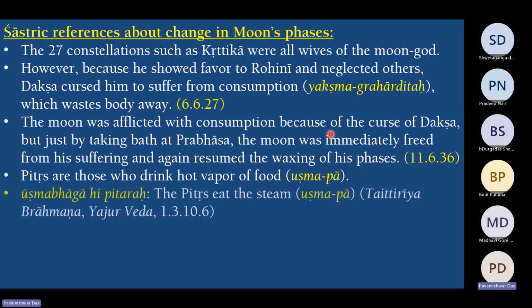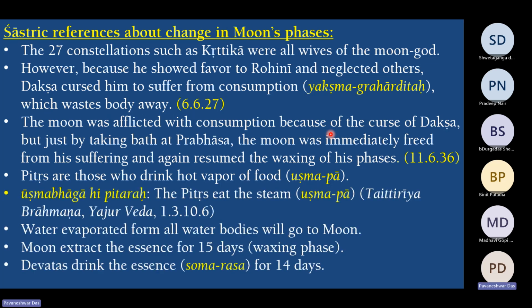And then there is also another reference from the Vedas and other Puranas. We discussed this story already: whatever water is evaporated by the sun directly goes to the moon, and the moon extracts the essence of that evaporated water, and it is stored as somarasa on the surface of the moon. The remaining water after the essence is extracted comes down and forms clouds, and eventually the downpour like the rains.